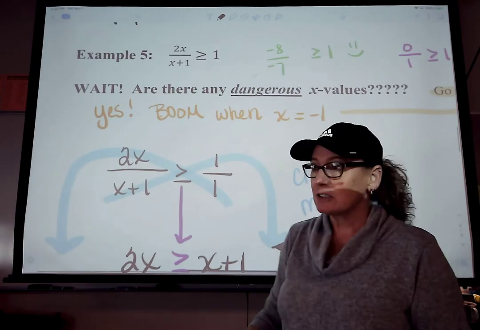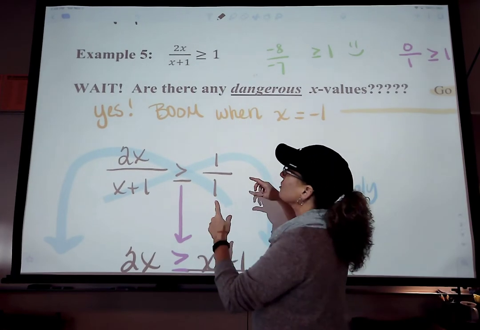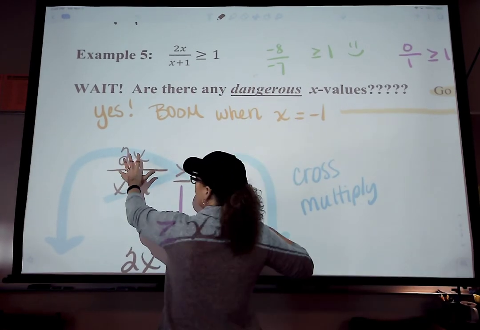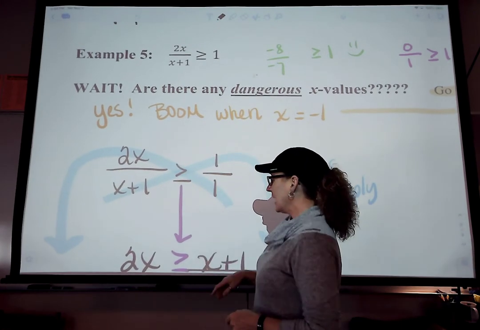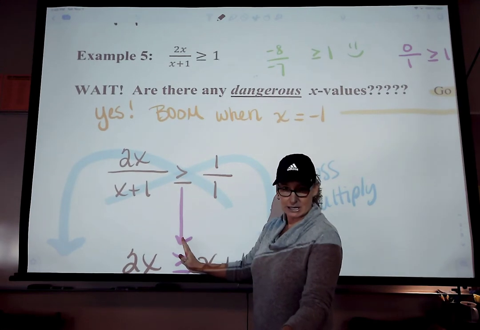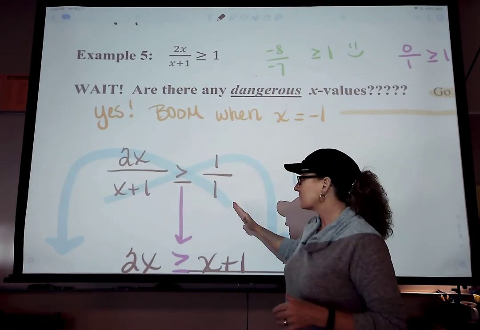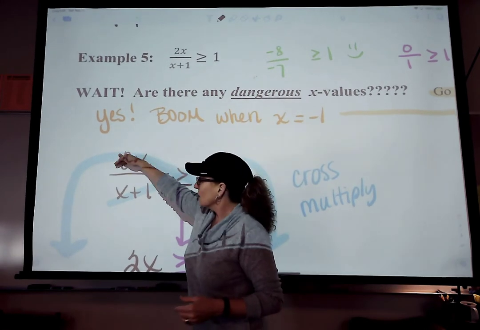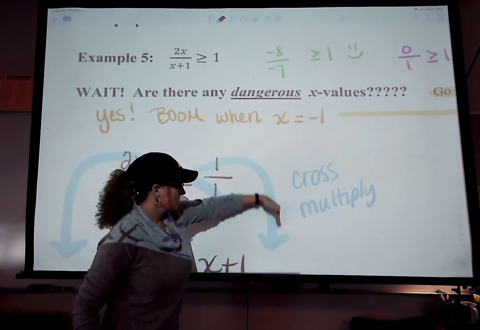And then to figure out how to solve it, the first thing I would do is make sure that I have a fraction on both sides. So this was a fraction. I turned my right side into a fraction. And if you want to carry your symbol straight down without flipping it or anything, cross multiply and write them this way. So cross multiply here and write it on the left side. Cross multiply like this and write it on the right side.